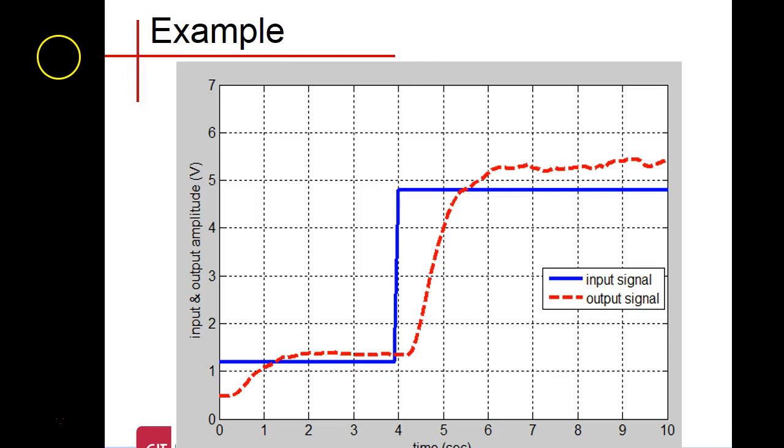In our case, our input is the blue signal, our output is the red signal. Without taking any measurements, what do you expect the gain to be? Just over 1.